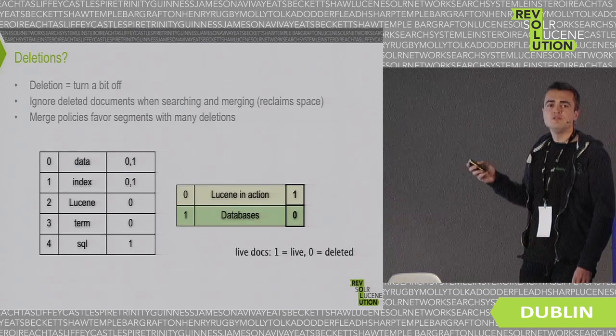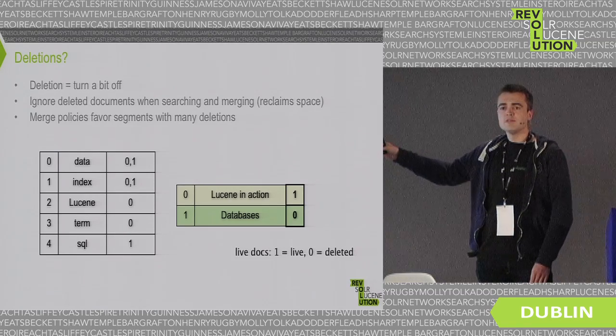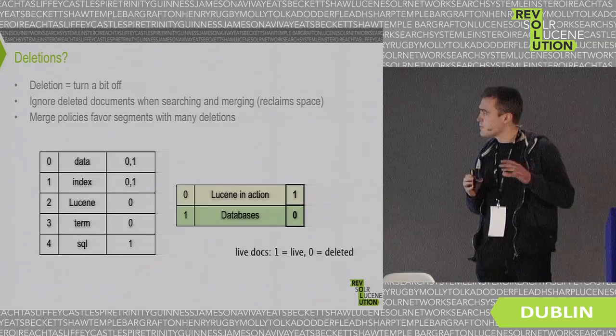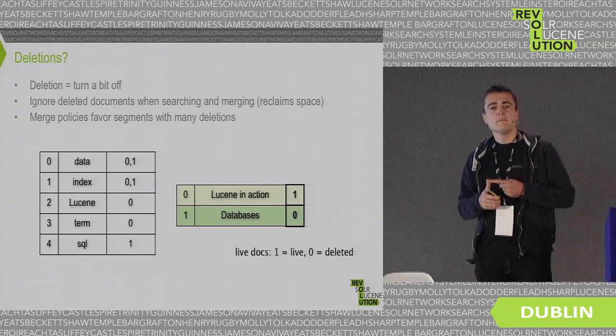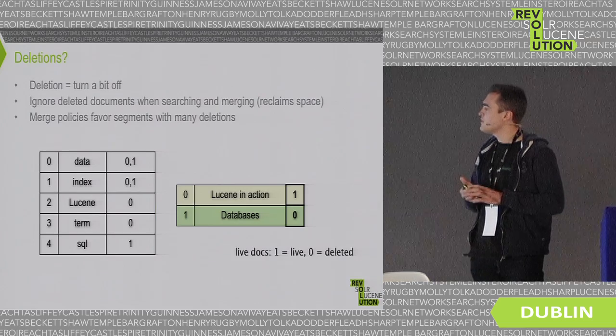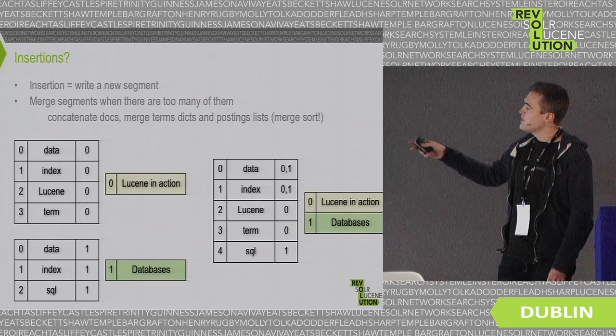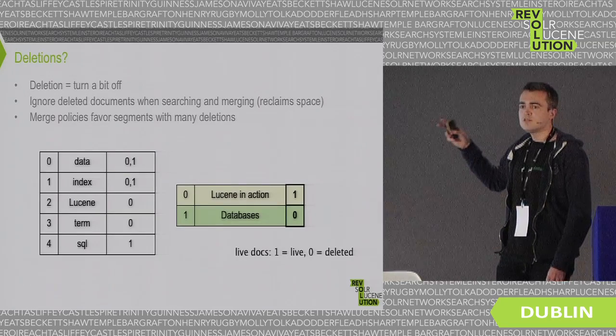Now, how do we do deletions? The way deletion works is that in parallel to your documents, we store a bit set where a value of 1 means that your document is live in the index, whereas a value of 0 means that your document is deleted. For example, let's say that we have the index that we just created by merging 2 segments after adding 2 documents.